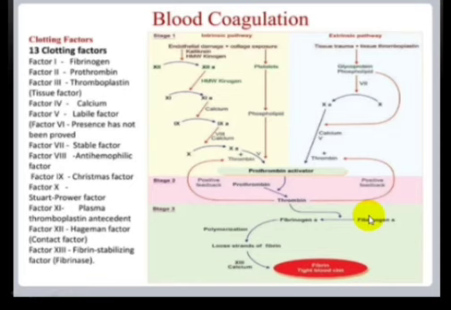So this slide shows you everything about blood coagulation. A lot of chemical reactions. Clotting factors reacting and activating themselves within circulation and moving around the injured site to stop the bleeding.